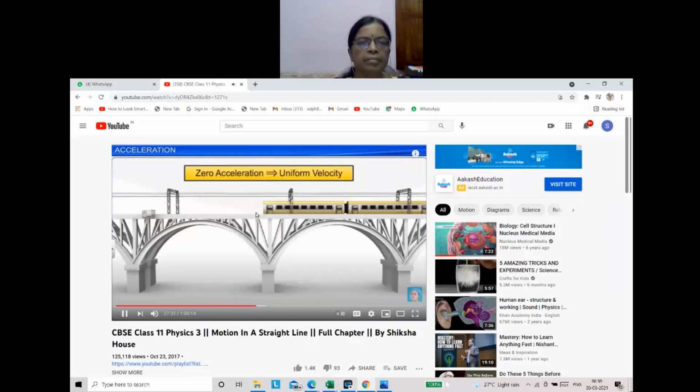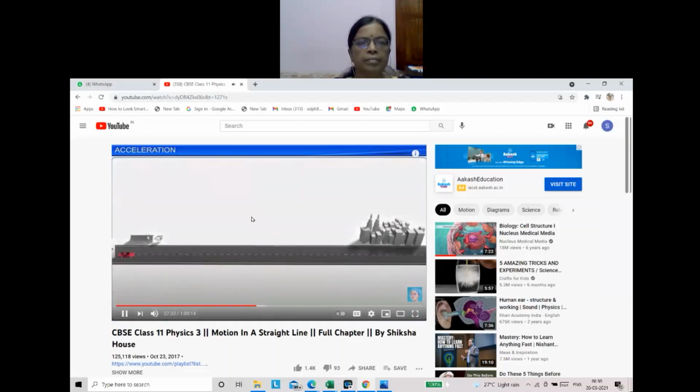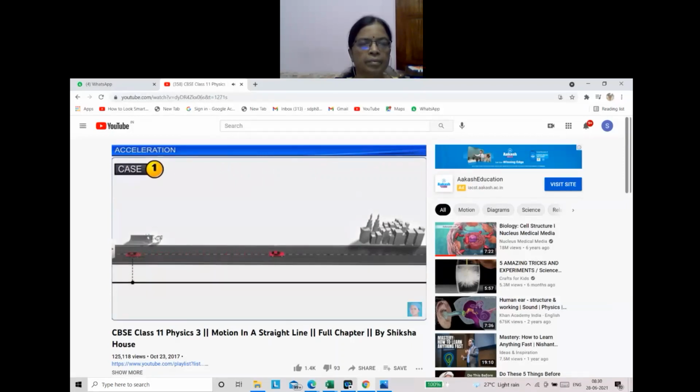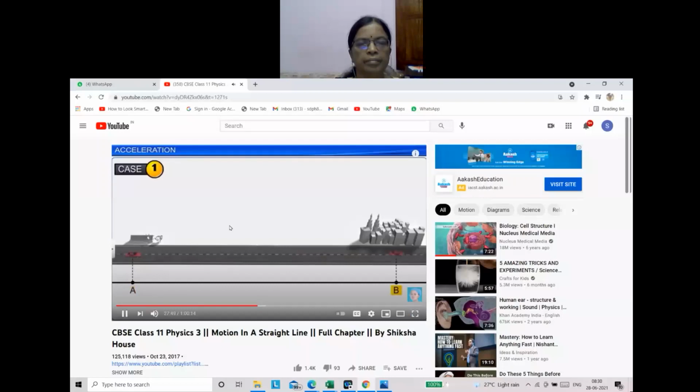Case 1. Let us consider a body, say, a car moving along a straight line, from point A to B, with increasing magnitude of velocity. The body is said to be moving in the positive direction. Here, delta V is positive and direction of motion is positive.